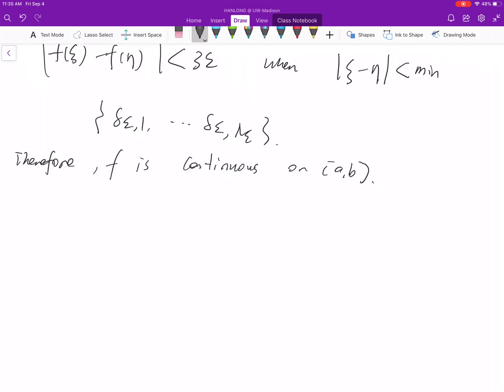Then we can apply this to the second part, the integration. Just look at this one.